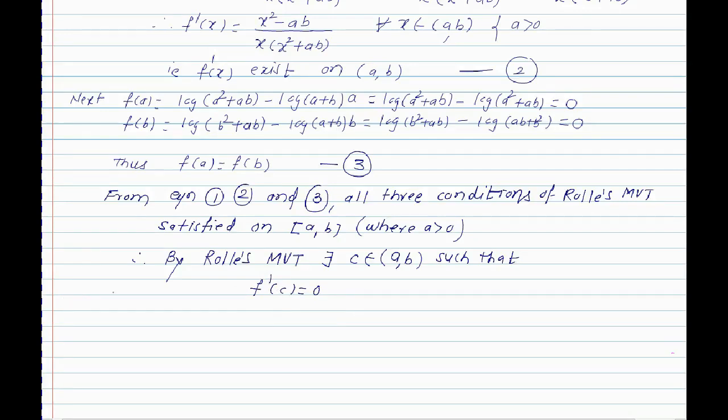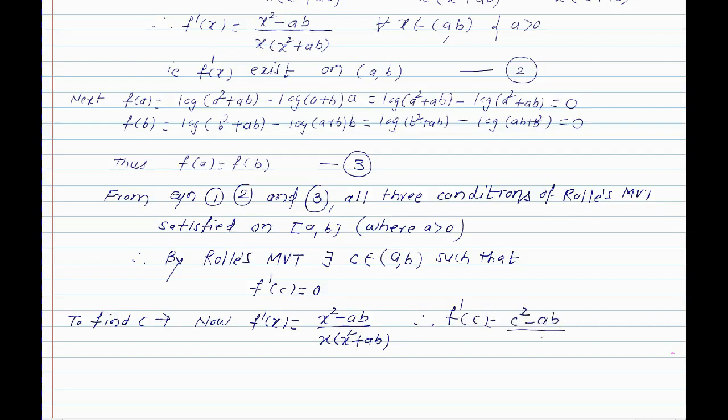So finally we find the value of c. Now what is f dash x? f dash x is x square minus a into b divided by x into x square plus a into b. Therefore f dash c is c square minus a into b divided by c into c square plus a into b.